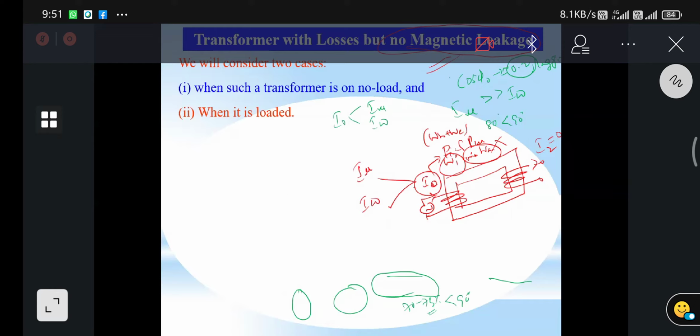The no load current, as I have already mentioned, has two components. So the first one is this one, and the second one is this one here. Suppose you take this phasor diagram.